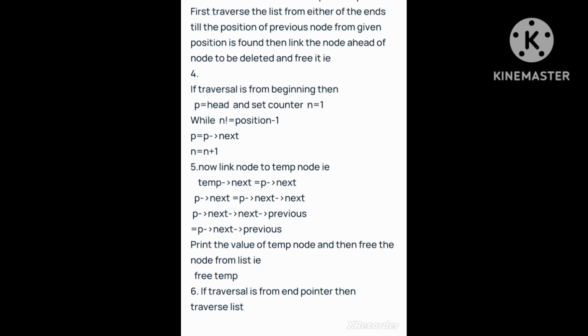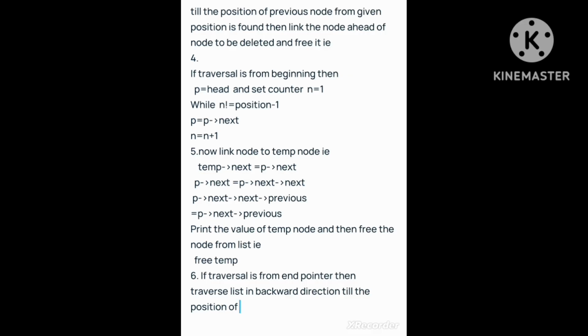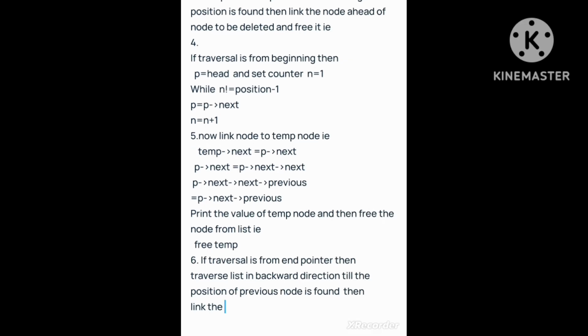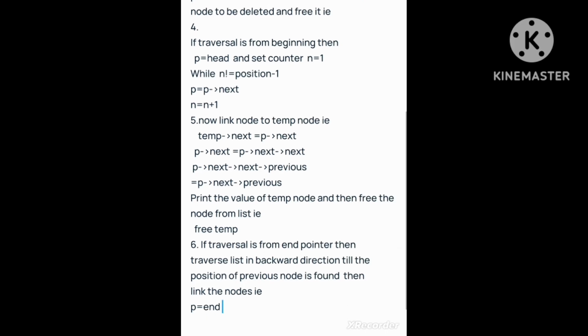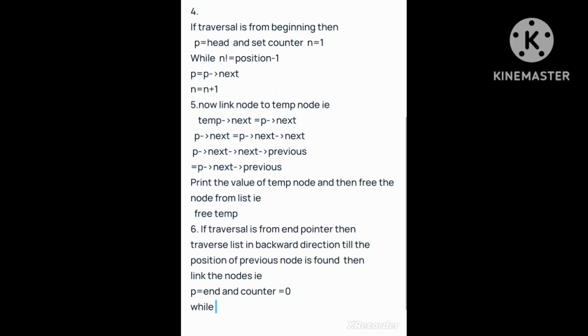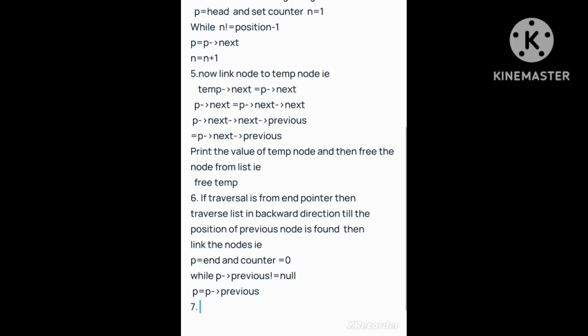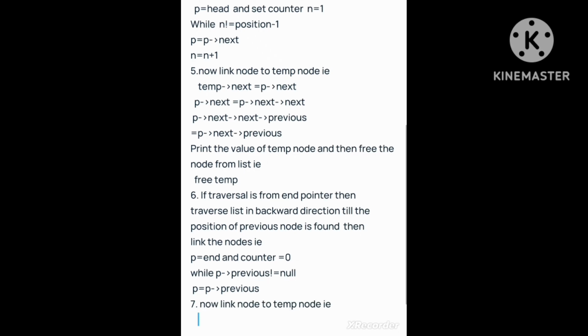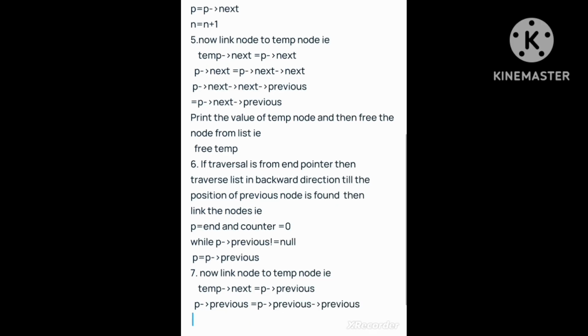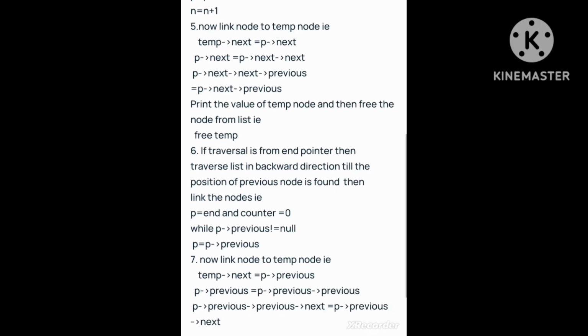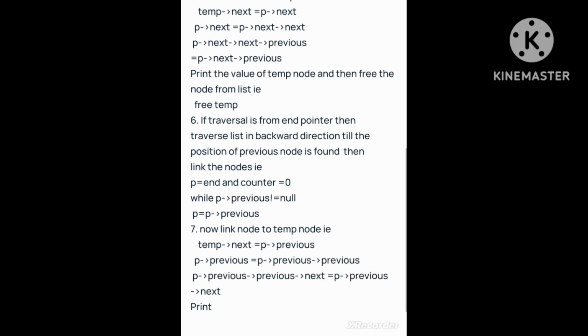And same is the way for the backward direction. We will first link the previous pointer here, and then we will link the next pointer of the node to be deleted. Then we will free the deleted node to the memory space. So in this way our algorithm will work for deletion operation until some specified position or some terminating condition is satisfied for deletion of the nodes in doubly linked list.